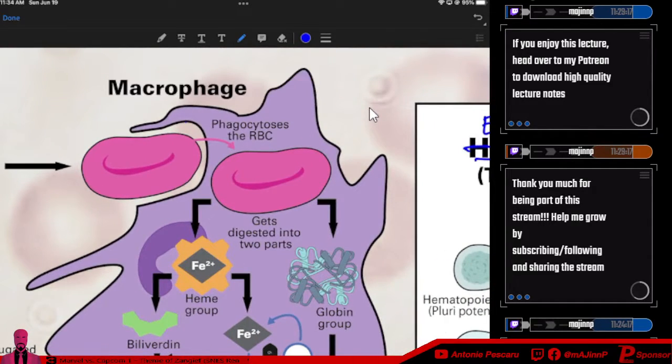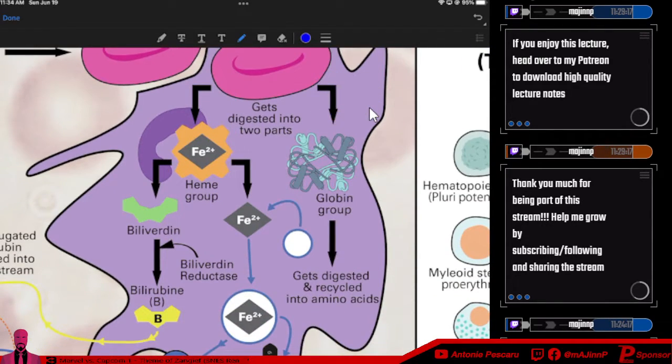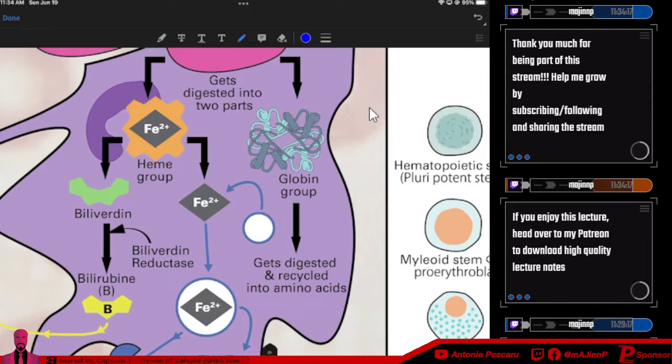So your macrophage phagocytoses the red blood cell and then starts digesting it, into two pathways. One of them is your heme group, and the other one is your globin group. I'll start with the globin group because it's really straightforward to explain. Your globin group just essentially gets digested back into its separate alpha chain and beta chain, into amino acids, basically.